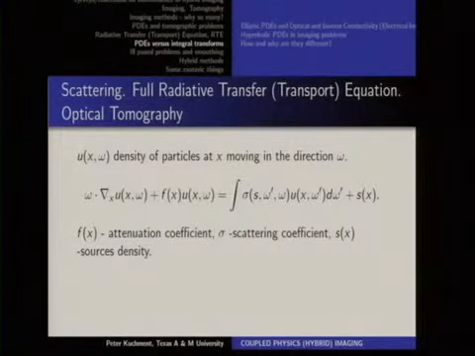So these are the new particles in the direction omega that formerly were moving in the direction omega prime, and you need to integrate over the unit circle of directions omega prime. This is the scattering term.